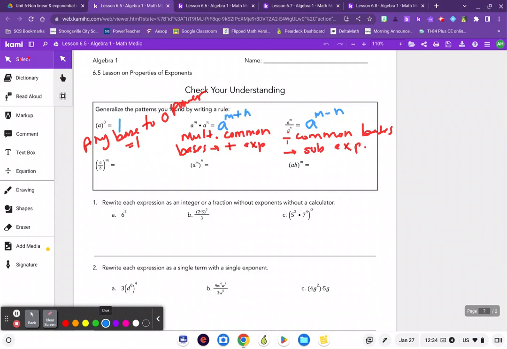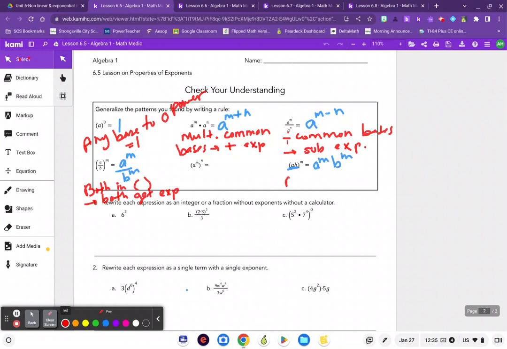This next one has A and B being divided, and they're both in parentheses, which means both of them get raised to that exponent. So both in parentheses means that both get exponents. I'm going to skip over to this last one because it's the same idea. Both the A and B are in parentheses being raised to the m, so that means that both get the exponent.